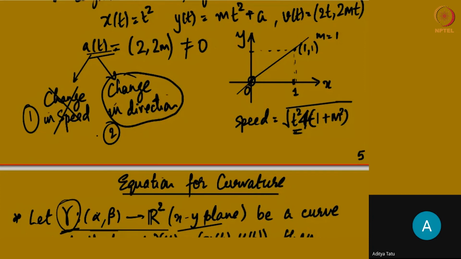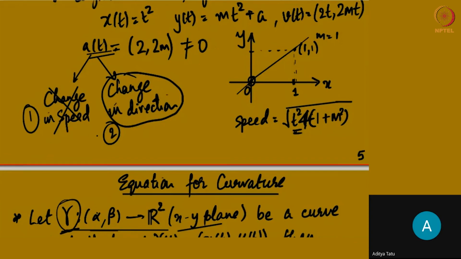That also is going to contribute to the acceleration. But what we are trying to capture is how much a vehicle has to turn in order to stay on the path at each and every point. That is what is characterizing the curvature, isn't it? Yes.